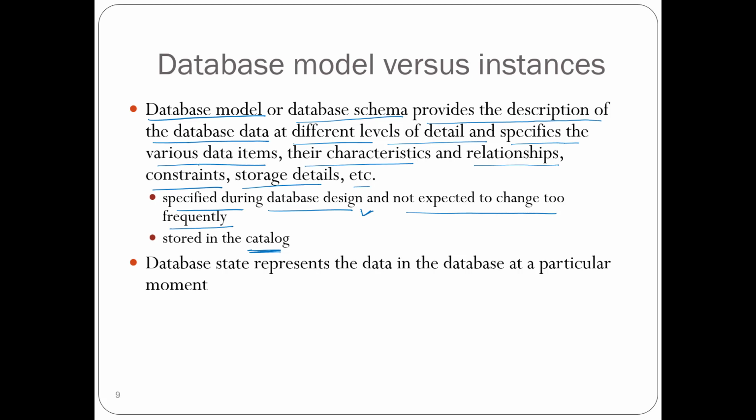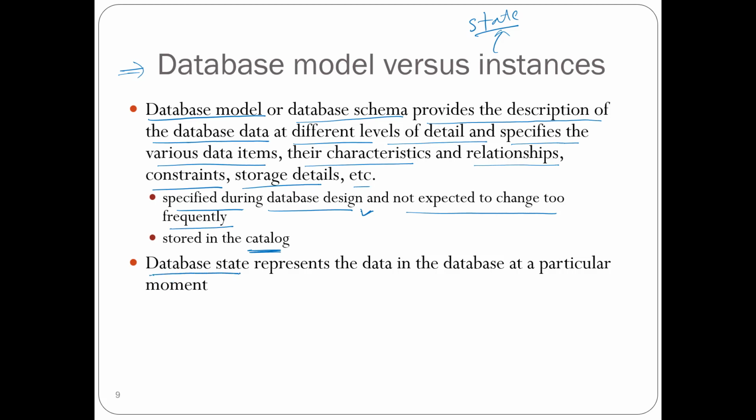We discussed the database model. Let's see what the database state is. If you look at the heading of the slide, it says database model versus database instances. These database instances have another name, which is database state. We have seen what a database model is. Now let's look at database state.